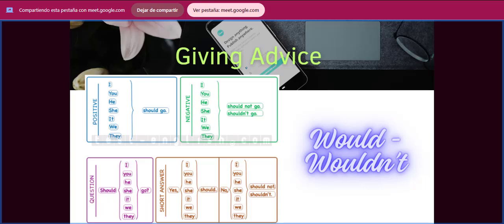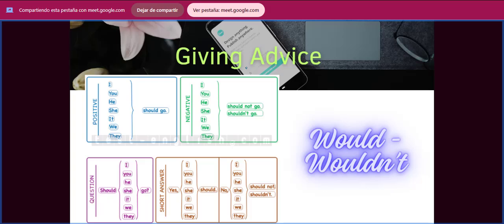And in the case of the question, we will do the same thing as what we have been doing with the different tenses. That is the subject-verb inversion. We will place the modal auxiliary should at the beginning, then the subject, and then the verb. So, should I go, or should we go? That will be the question. And for the short answer, we will have the two options: the affirmative answer, yes, we should, or no, they shouldn't, for example.